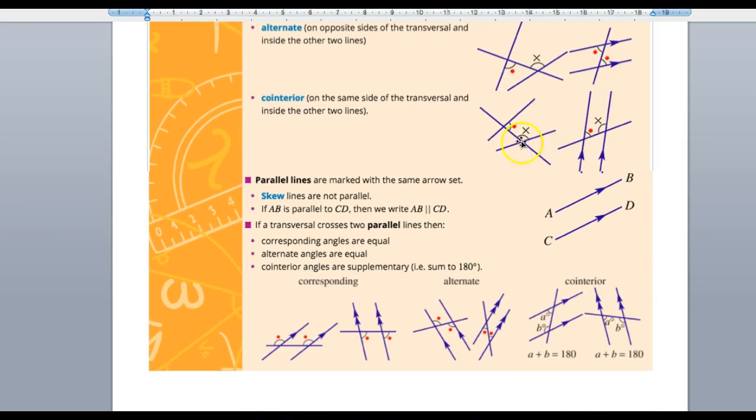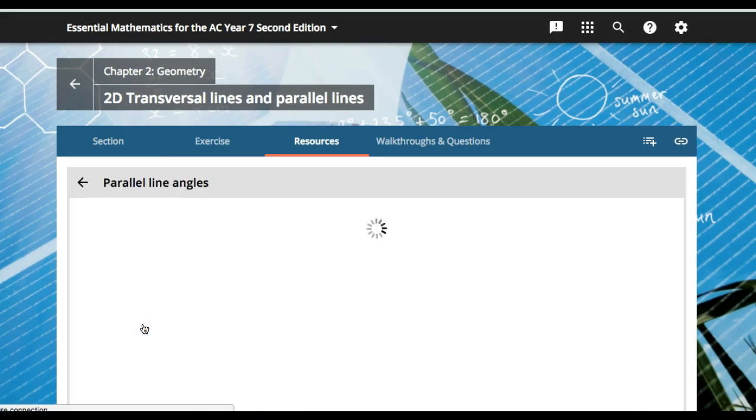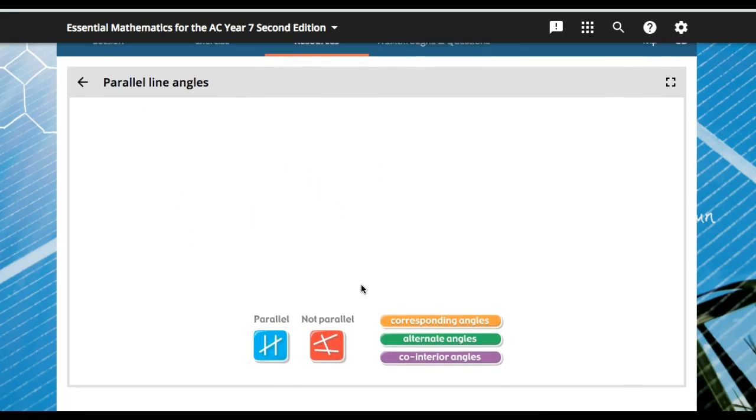All right, let's just go down. Okay, so here's just a bit more information. You can see here what I've basically told you about the angles. Okay, so when they're equal, and the co-interior that they add up to 180 degrees. Now in your textbook, so we're looking at 2D. If you go to the widget and look at parallel line angles, I'm going to scroll down.